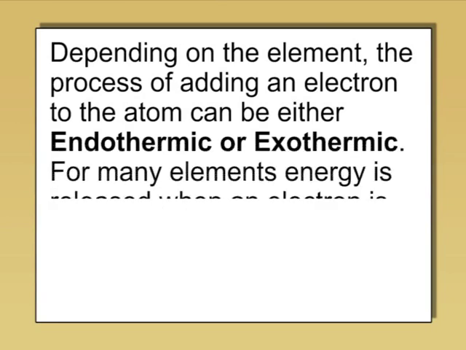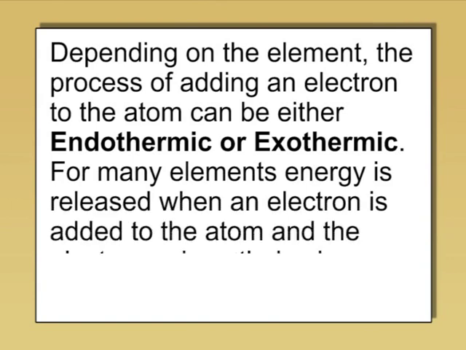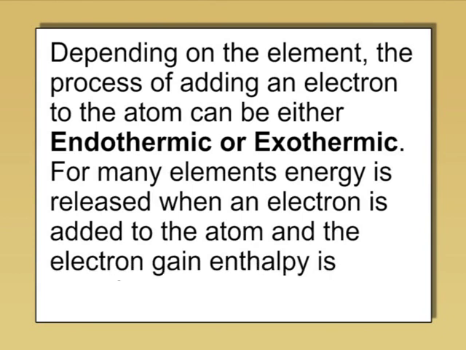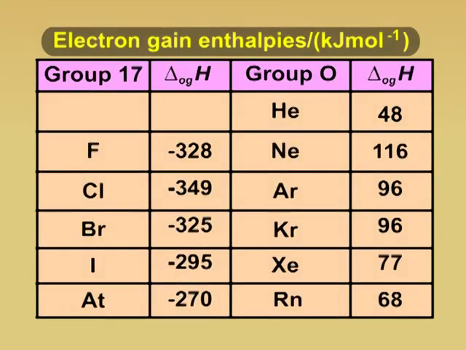For many elements, energy is released when an electron is added to the atom and the electron gain enthalpy is negative. For example, group 17 elements, that is the halogens, have high negative electron gain enthalpies because they can attain stable noble gas electronic configurations by picking up an electron.